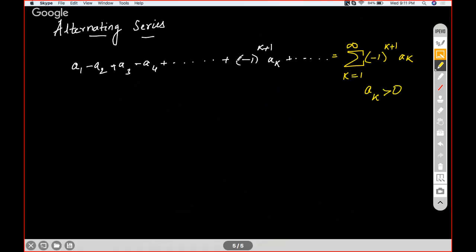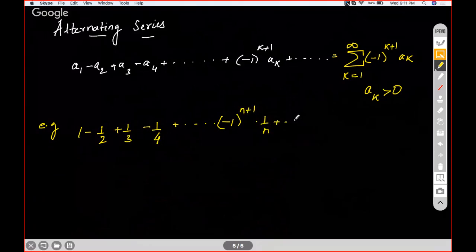One simple example of this would be 1 minus 1/2 plus 1/3 minus 1/4, and so on, where n tends to infinity. This is called an alternating harmonic series.